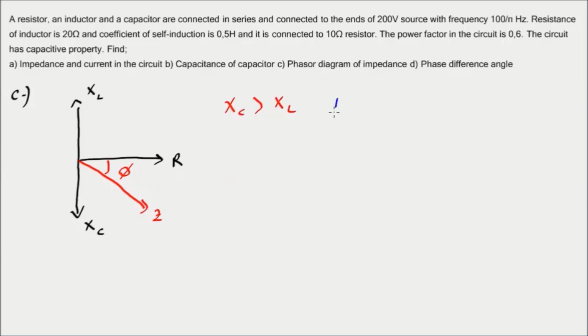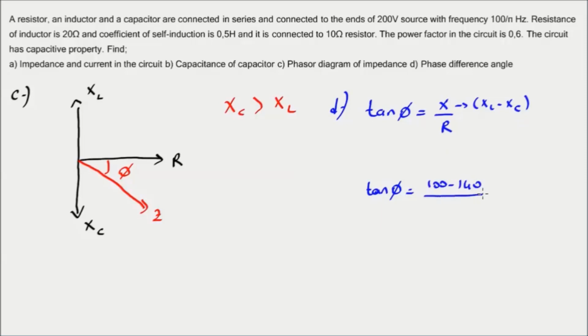And D says phase difference angle, which is tangent phi equals X over R. Tangent phi equals X, which means XL minus XC. So 100 minus 140 over R, which is 30.